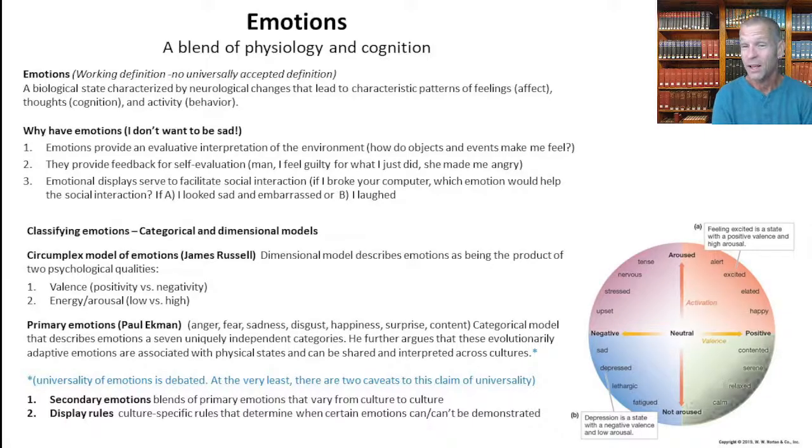The second thing is emotions work in the moral beast, so to speak. Your emotions, especially emotions about your behavior, provide you feedback for self-evaluation. Am I doing things that are right? Am I doing things that are wrong? If you feel a sense of shame because of something somebody said to you, that may cause you to reflect on your past behavior.